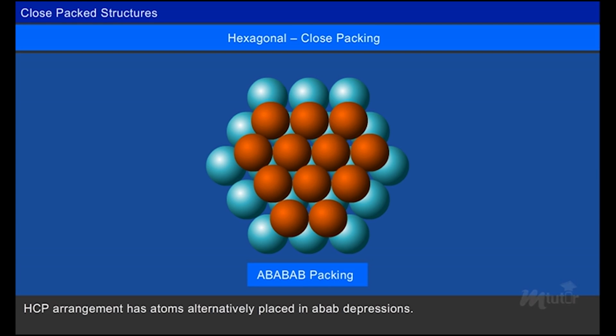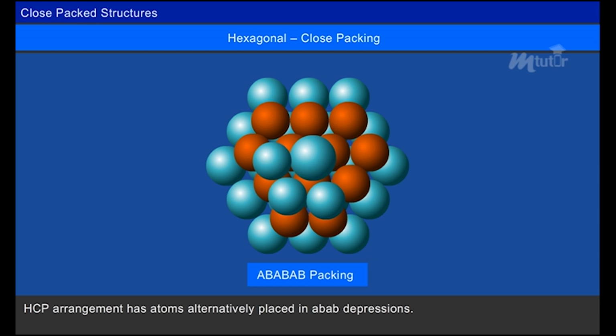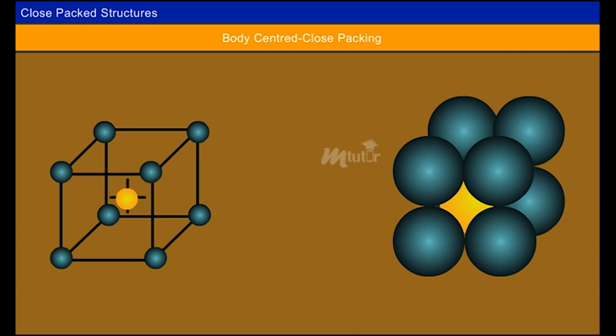This type of arrangement, wherein atoms are alternatively placed in AB-AB depressions, is called hexagonal close packing or HCP arrangement. Apart from close packed structures, we also have the body-centered cubic structure with a packing more open than that of close packed structures.